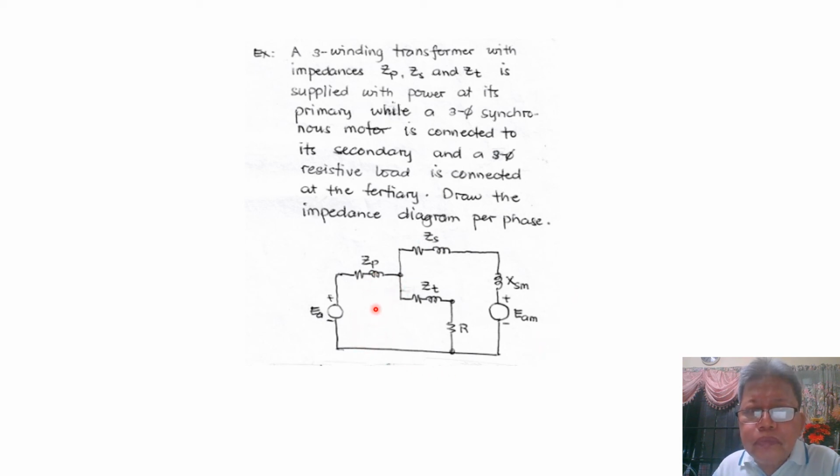The primary is connected to the voltage source, where, considering phase A, we have the generated voltage E sub A here, and it is where our primary terminal is connected to, and then our secondary terminal Z sub S is connected to our synchronous motor with reactance XSM and counter electromotive force EAM.